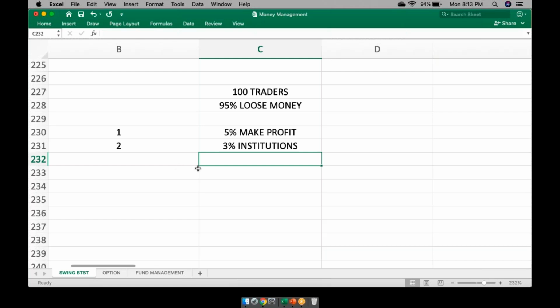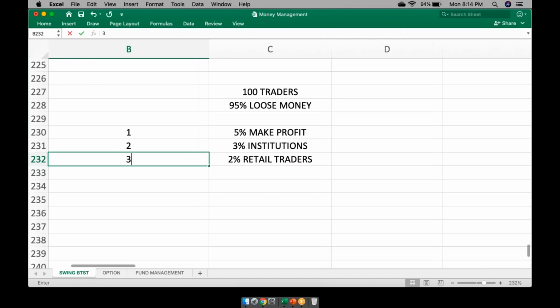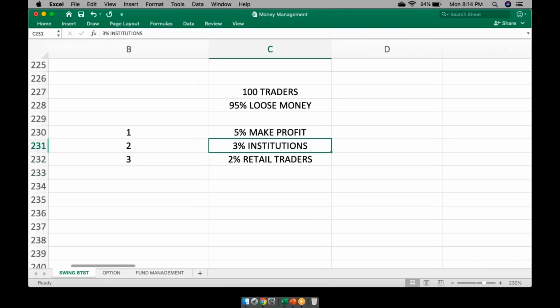So only 1 to 2% are retail traders. This is the bifurcation of the 5%. So 95 traders are coming to feed the 5% members.